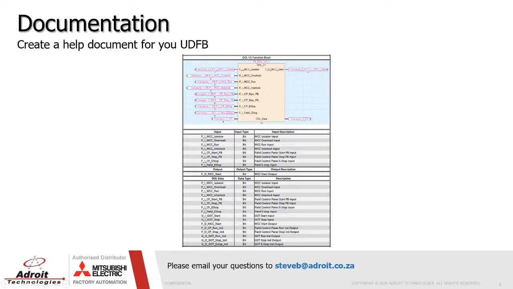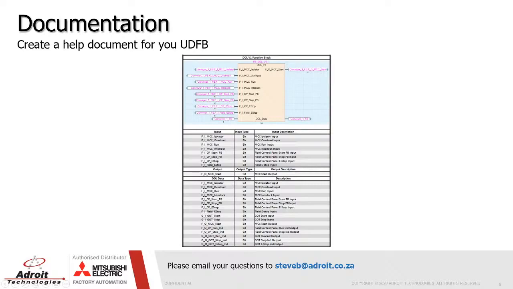I've also added the descriptions and the type of bits being used. Now, for our program, everything was bits, but you might have some words and integers or floats that you're using to display analog values and so forth.